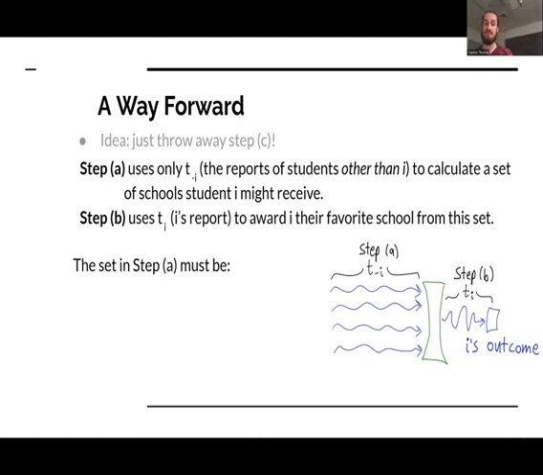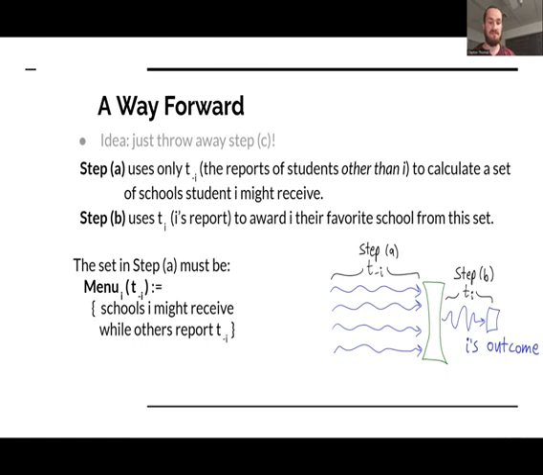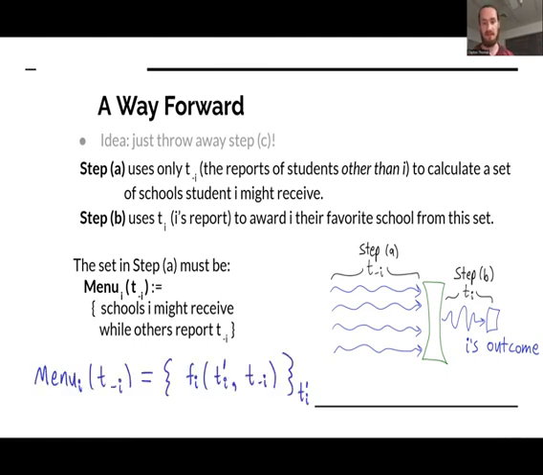It's not too hard to see that there's only one set that the thing in step A can really be. Let's call it the menu of student I, defined by T minus I, everyone else's report. This is the set of schools that I might possibly receive holding fixed T minus I, just looking over all the possible reports of student I.